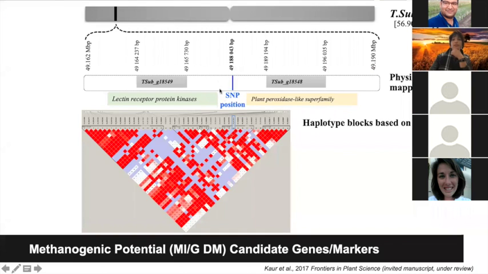We were able to identify many single nucleotide polymorphisms, and one of them was in a haplotype block, which is a region where crossing over doesn't really have much effect. That was a very stable marker for us to develop into a biomarker for breeders to look for low methanogenic or high methanogenic traits.